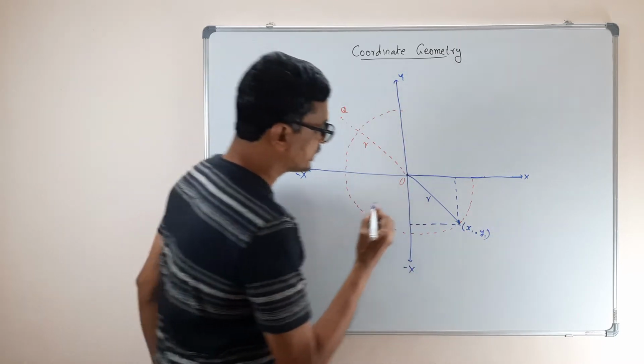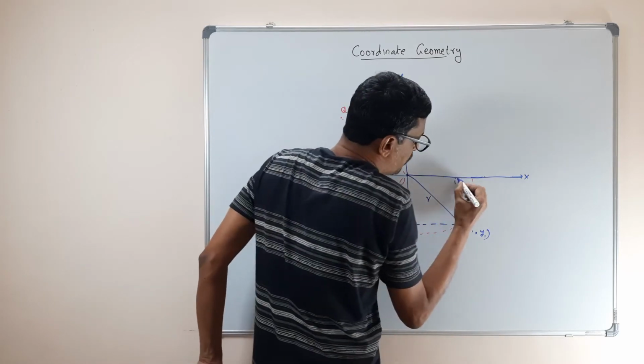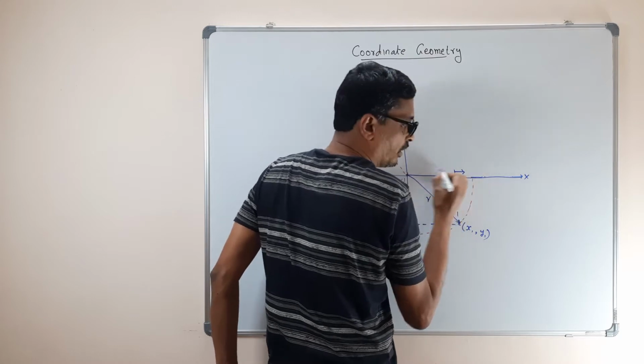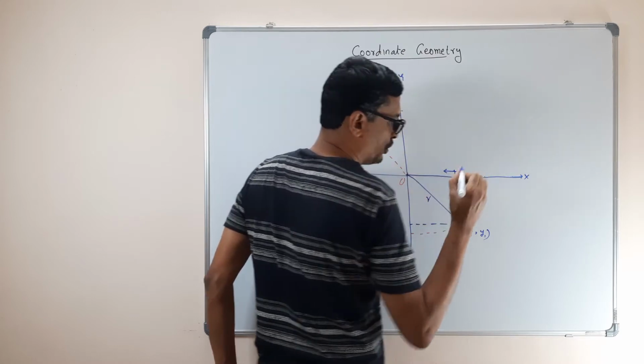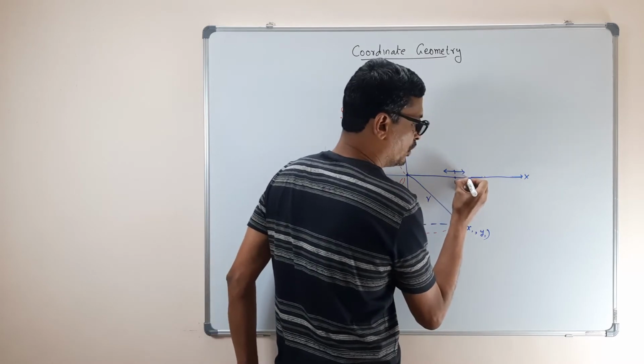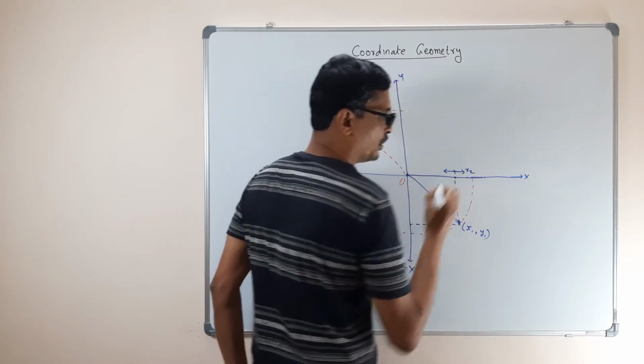Now the question is, when I move this x coordinate towards maybe right or left, wherever, to a new point, let me move it to x2. So this is some x2.